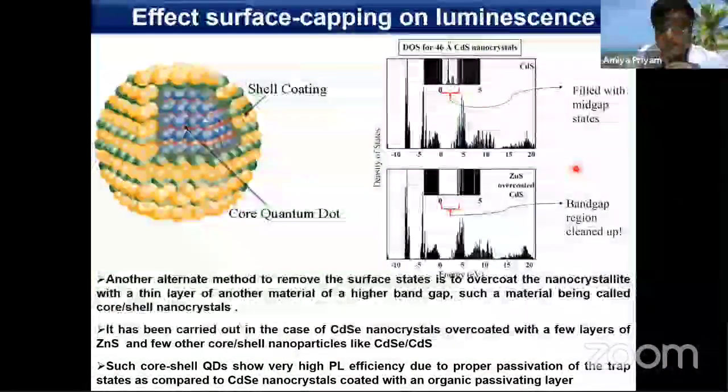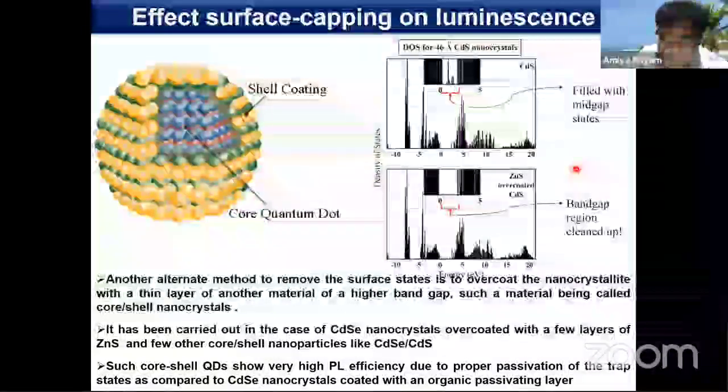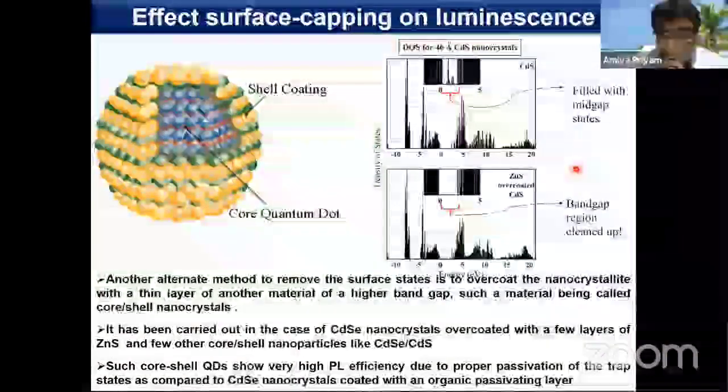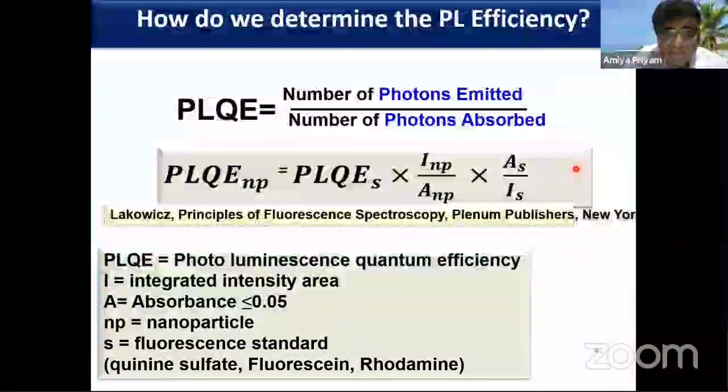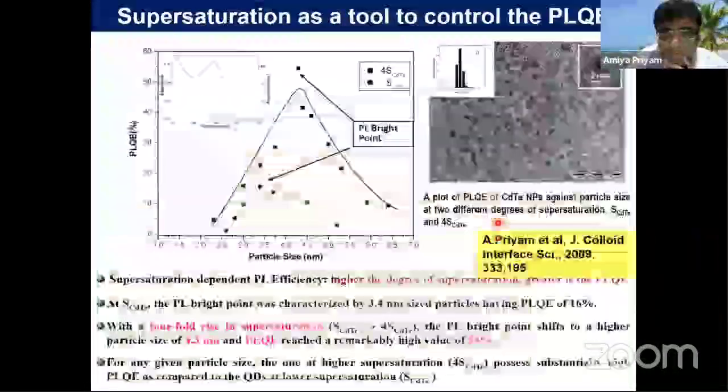Such core-shell structures, with a higher band gap material on the top and a smaller band gap as a core, give a very high quantum yield. And the way to calculate is like this. I'm not going into details of this because of shortage of time.